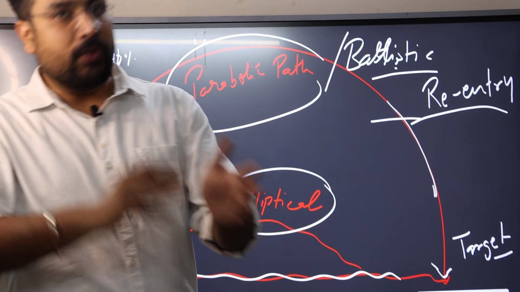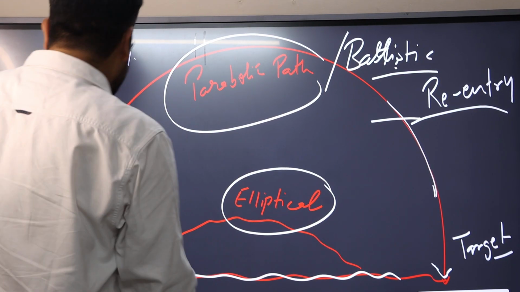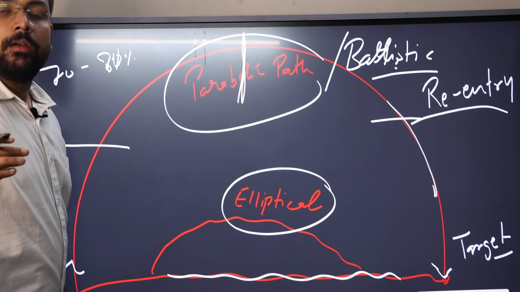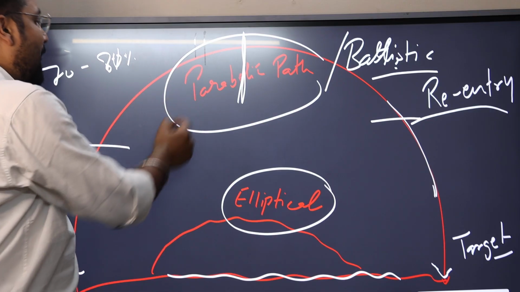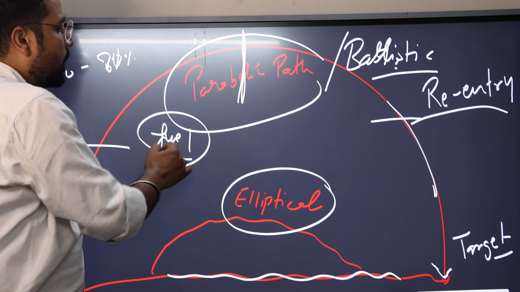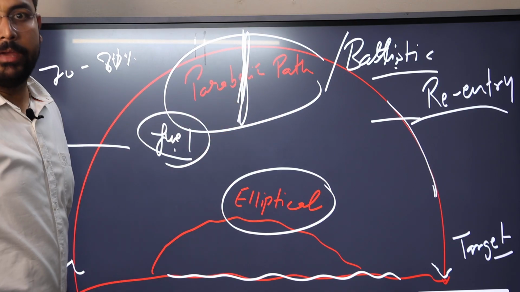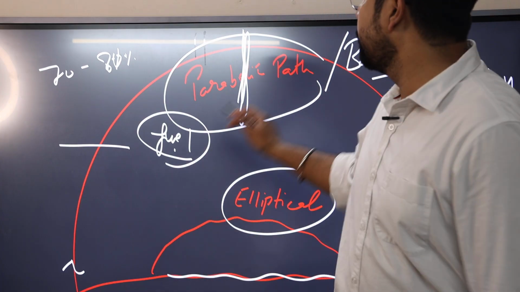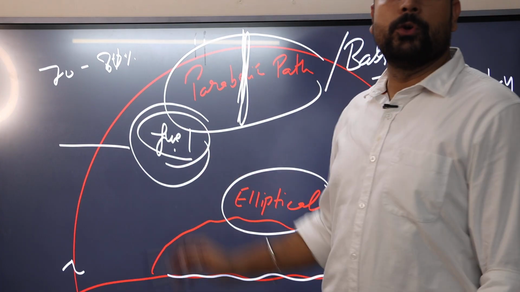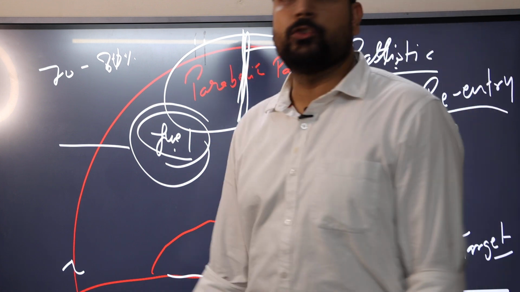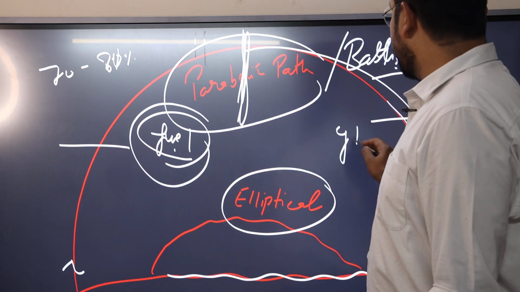One more benefit in the ballistic missile: the vessel requires fuel for half the distance only. It means the exact half distance of the particular path is covered under the impact of fuel, while the rest of the distance is covered under gravitation.